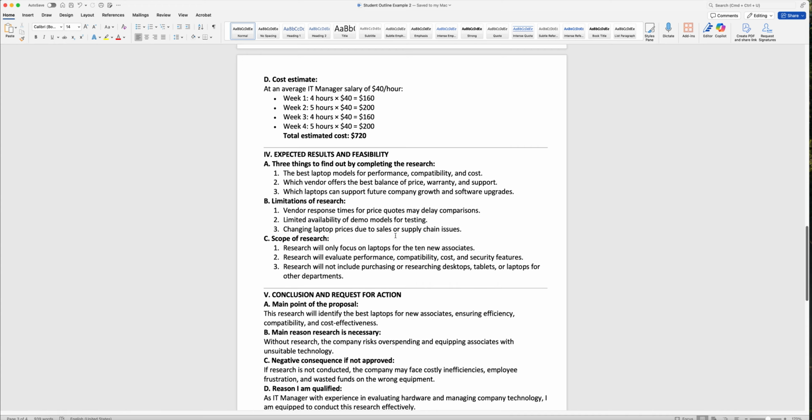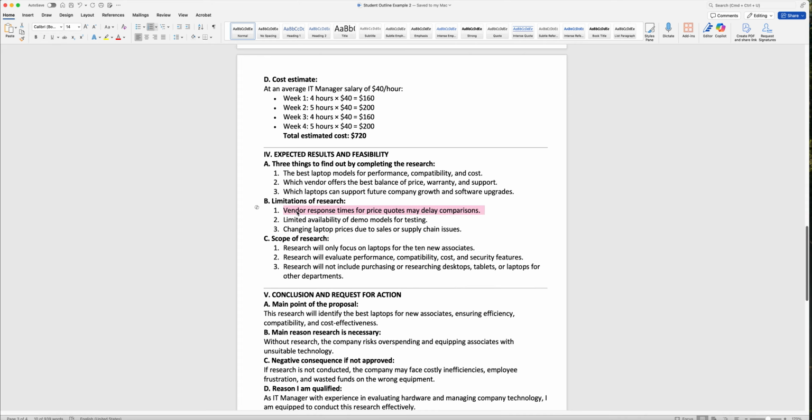Just think about yourself if you are researching this as an IT manager. What are some things that could happen to negatively affect your research or negatively affect what you can find out? So in this example, vendor response times for price quotes may delay comparisons.